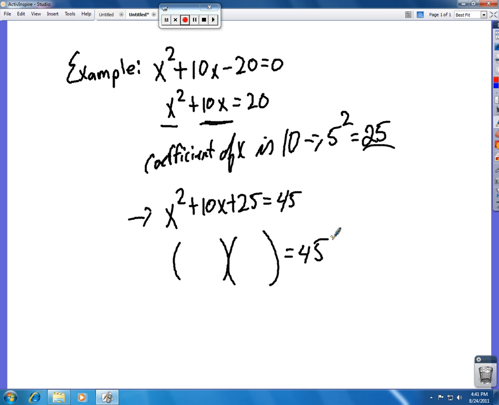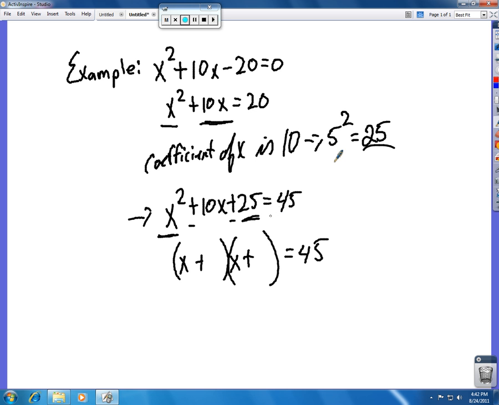So we have to figure out how we're going to break this down. It's going to be a perfect square. We see here they're both plus, so everything's going to be positive. You first look here, and it's just x squared, so you're only going to have an x and an x. Then you look at your constant, and figure out 2 numbers that multiply to get that.